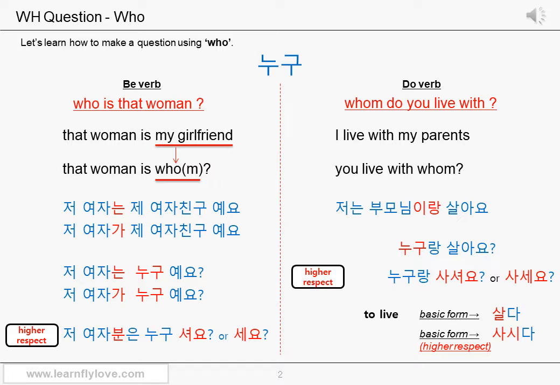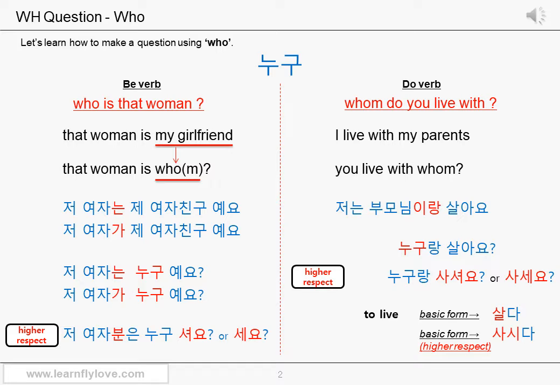Let's use 저 this time, which is used for something which is not in a touching distance. This 저 is not a subject I. Remember that. Then let's make a declarative sentence first. That woman is my girlfriend. This is English pattern number 3.